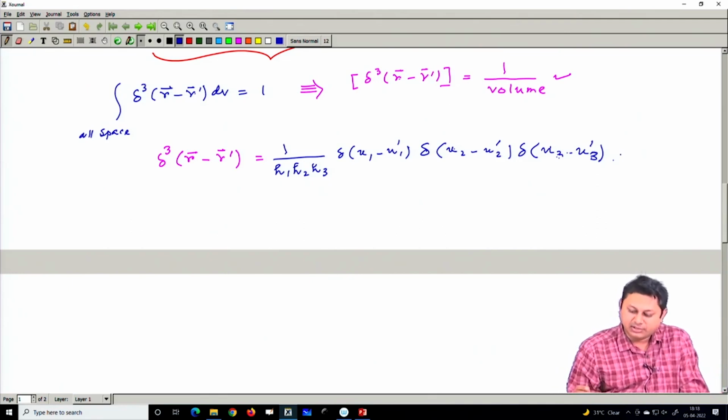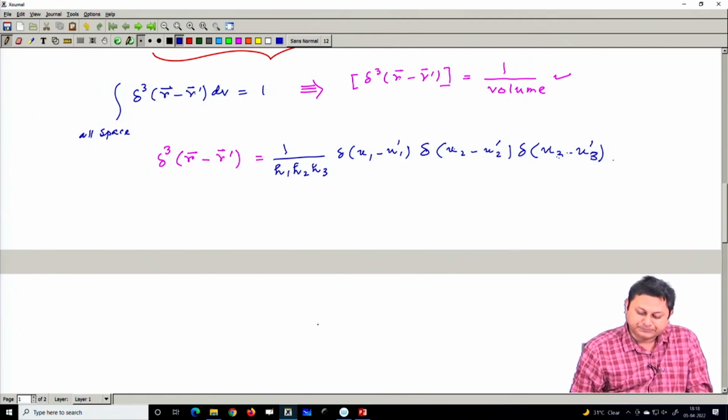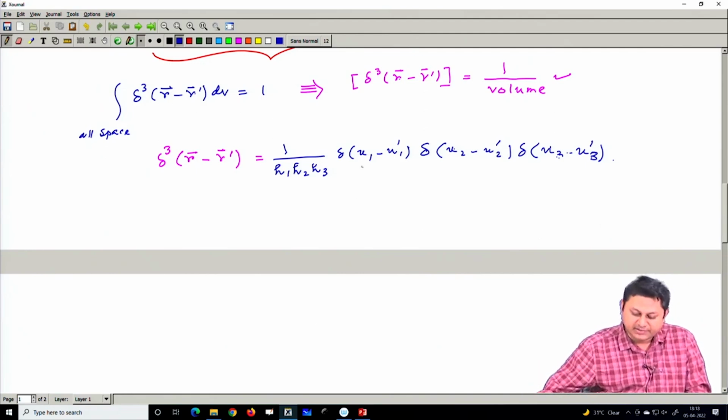So this is the general form of the delta function in any curvilinear coordinate system.